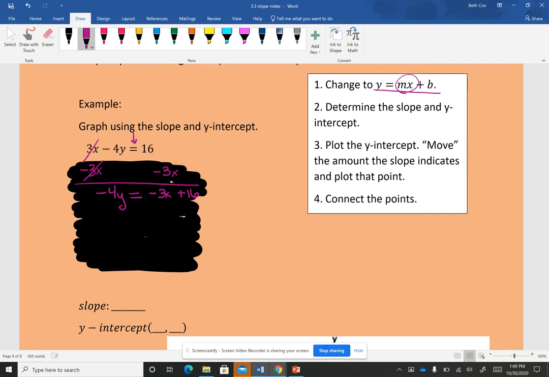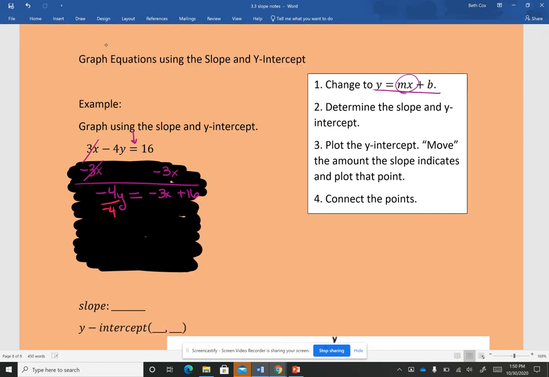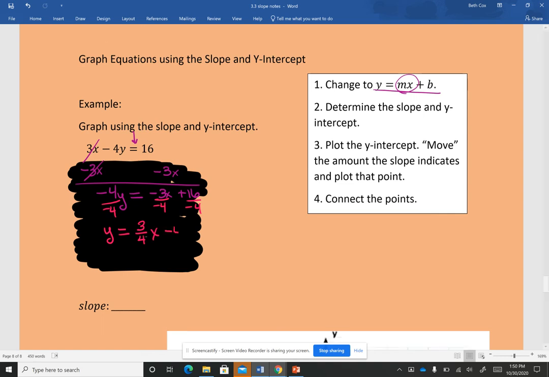And this time I'm going to divide by negative 4, and I'm going to get y equals, okay, negative divided by negative is a positive, so that's positive 3/4 x, and 16 divided by negative 4 is negative 4.